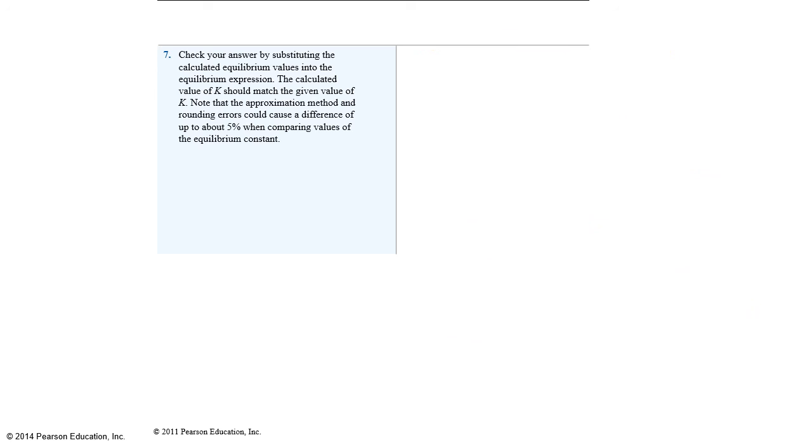Okay, so we can double check our answer by substituting that calculated value into the equilibrium expression, just to see that we get our equilibrium constant back.